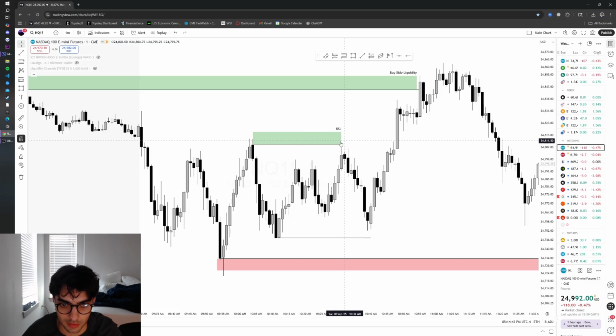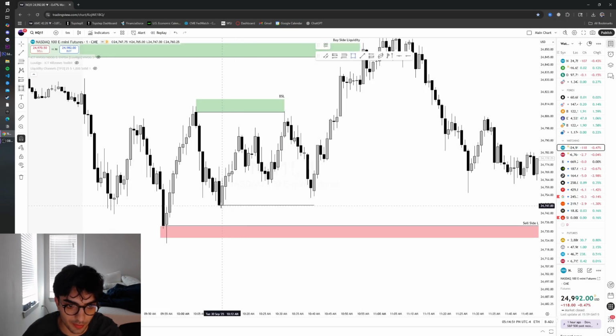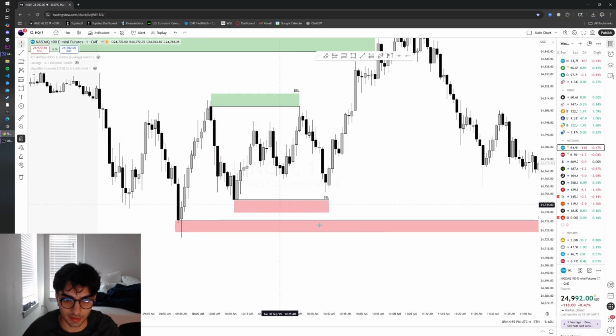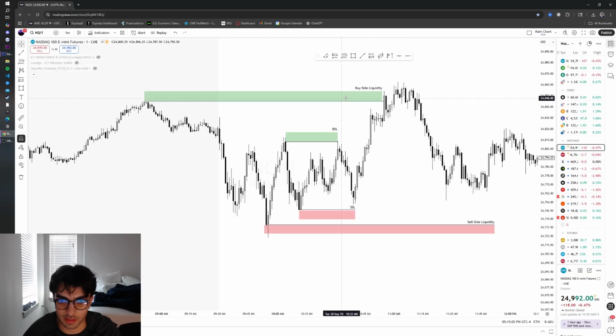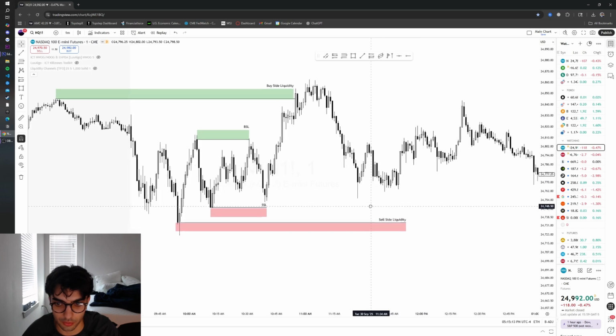It gets hit, stops them out, rinses back down. And what does it rinse back down to? That sell side liquidity. So all it is, is market makers using these different levels to stop out traders, collect orders, increase their position sizes, and move it in the original direction that they want it to.